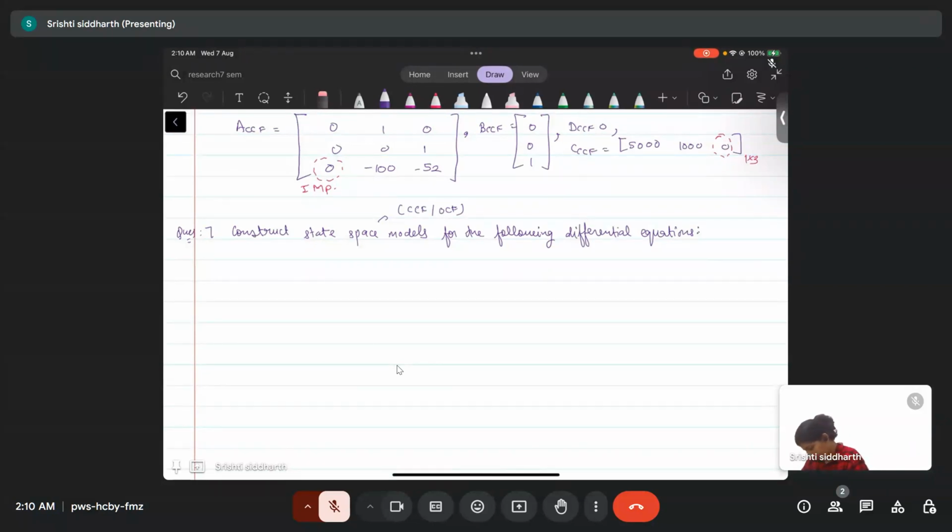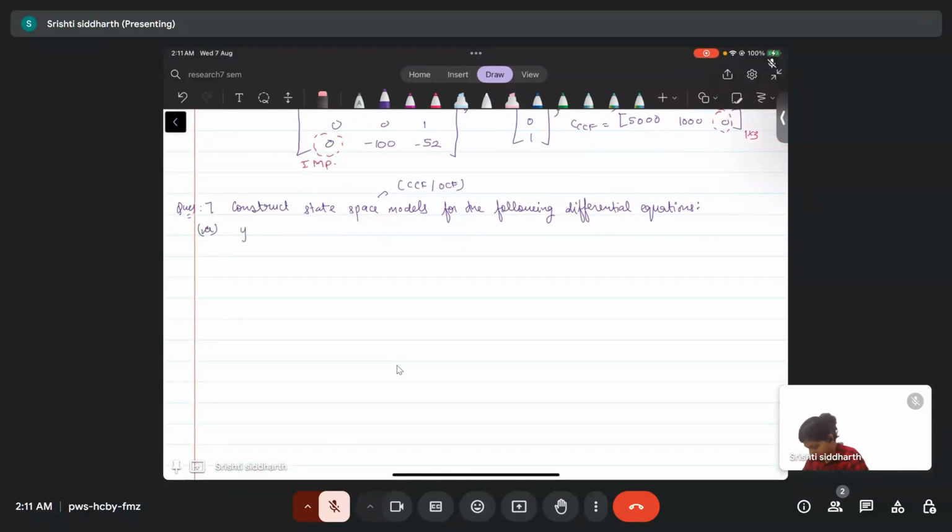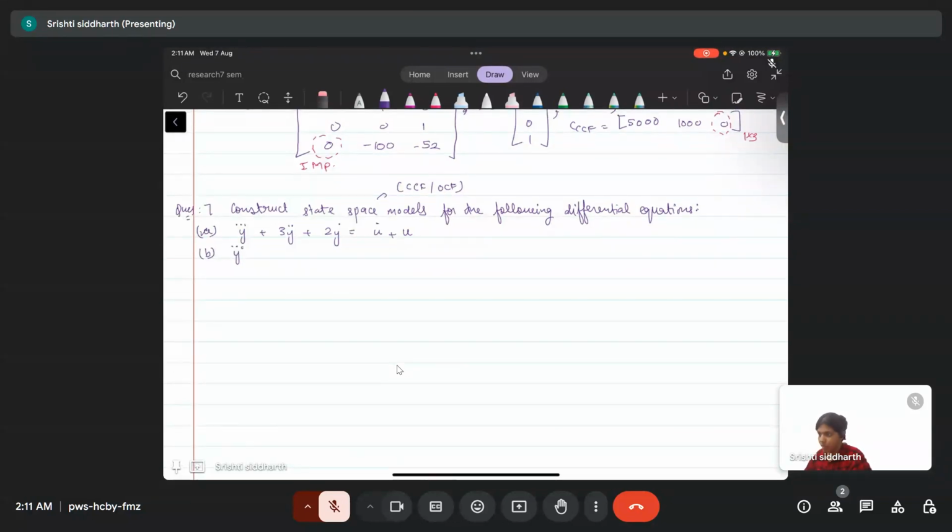So there's part A: y triple dot plus 3y double dot plus 2y dot equals u dot plus u. Then we have the second part to this: y triple dot plus 6y double dot plus 11y dot plus 6y equals u.